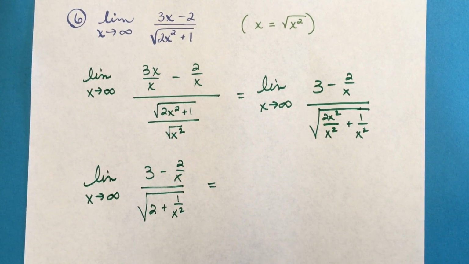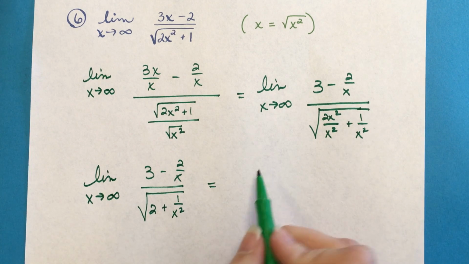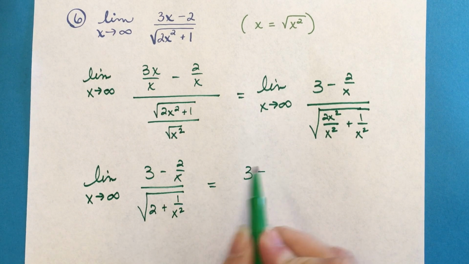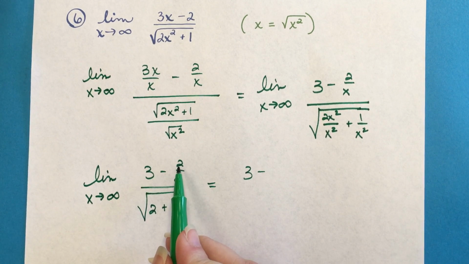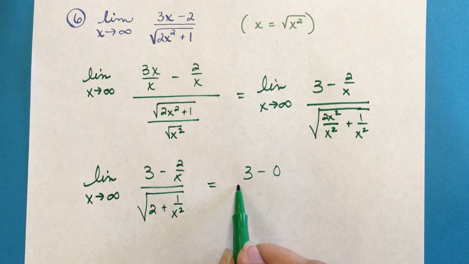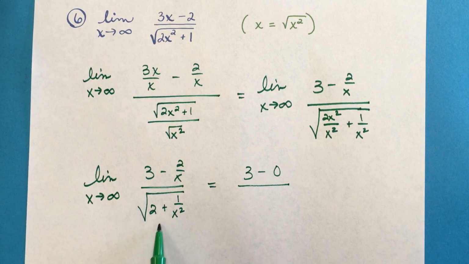Now let's take the limit of each of these terms individually, just like we did earlier. The limit of 3 is going to be 3. The limit as x approaches infinity of 2 divided by x is going to be 0. Now you're allowed to come underneath your radical and do the same thing with each of these terms.